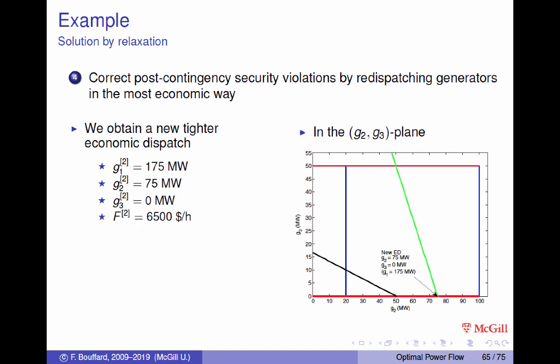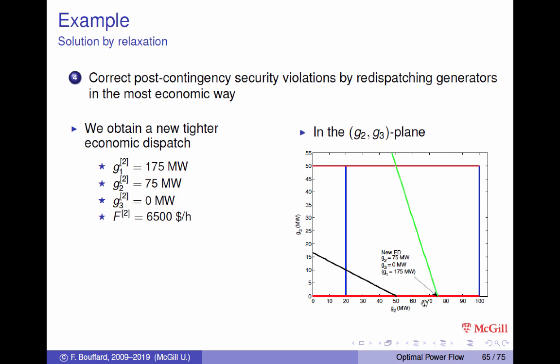So if we perform the economic dispatch with this new constraint in, we find a new operating point right here, with G1 again losing generation, going down to now 175, G2 going up to 75 megawatts, and G3 back to 0.